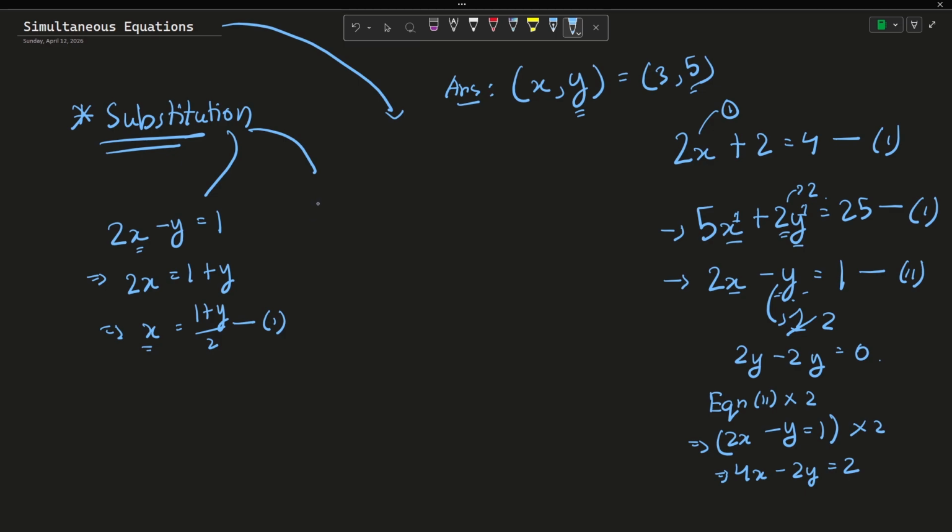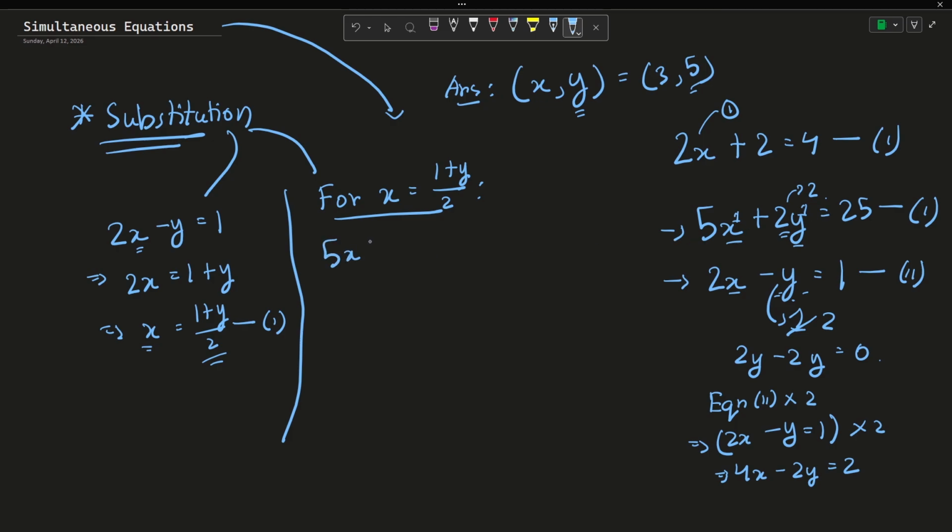Now what we do is use this value of x, which is (1 plus y) by 2, inside our equation 1. I'm just going to substitute the value of x into equation 1.